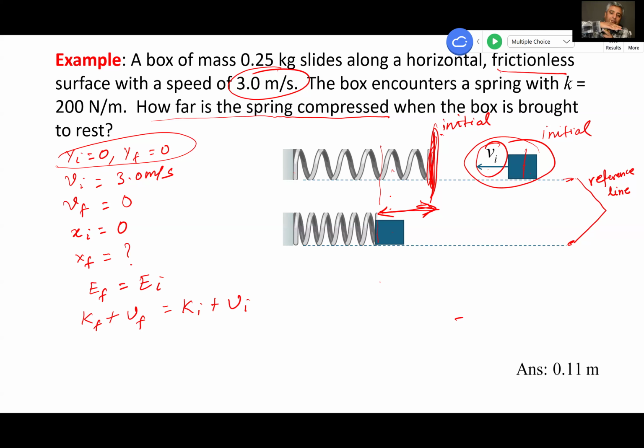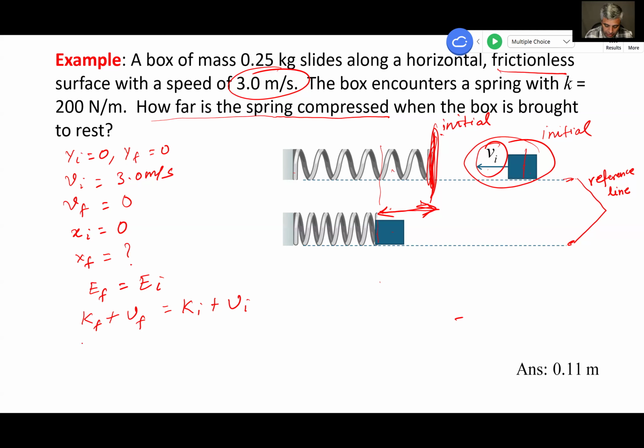In that case, the height of the mass is also changing, so the gravitational potential energy is also changing, and you have to use it. So I'm going to write it fully, and later we're going to plug in 0 so that those terms become 0.